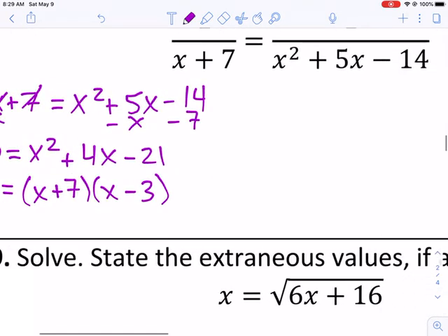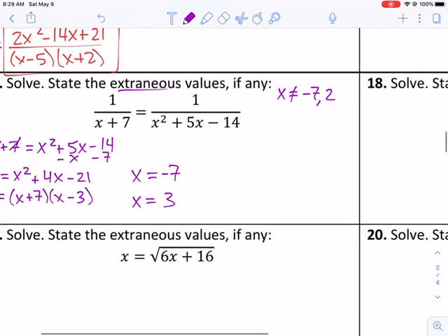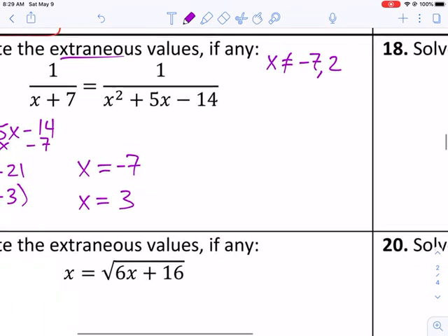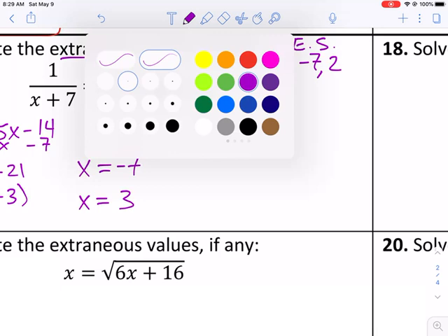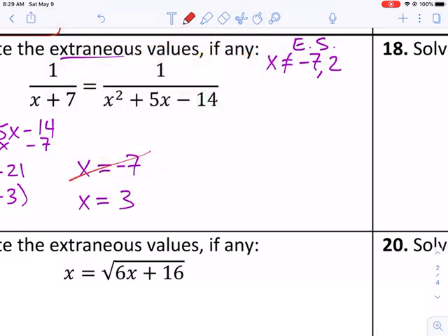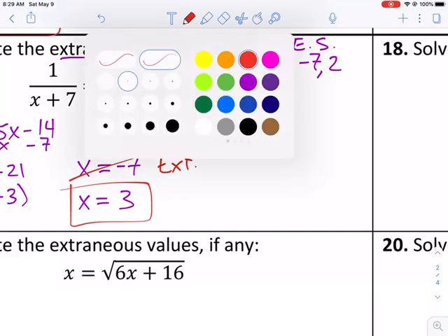So we know that x is equal to negative 7 and x is equal to a positive 3. So I see an issue. At the very beginning, we identified what our extraneous solutions were, and we saw that x equals negative 7 could not be a solution. That is extraneous. But x equals 3 is fine.